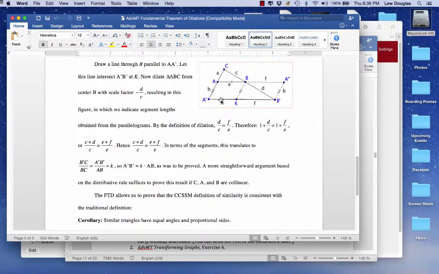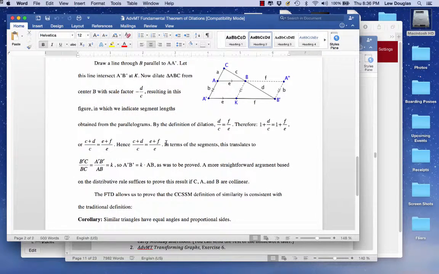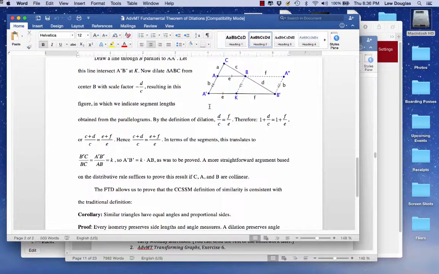In other words, if one triangle is an image of another under a dilation, then since the image segments will be parallel to the pre-image segments, the angles must be preserved. So that's an important, just from the parallel part, you get that similar triangles have equal angles. The proportional sides follows from what we just did.